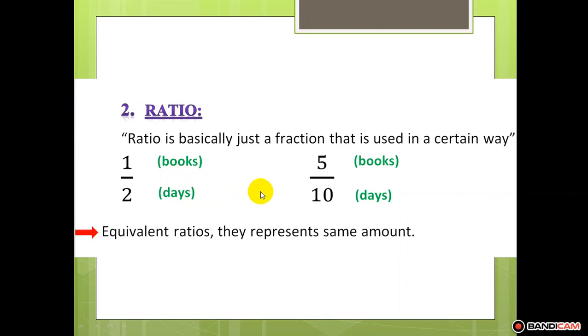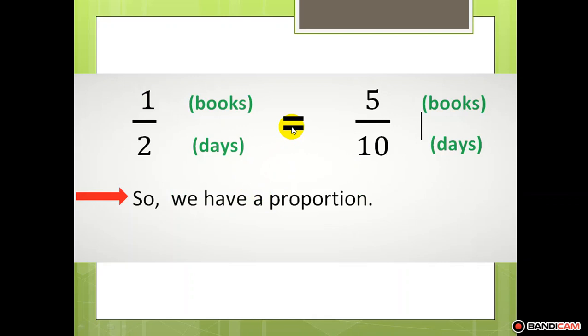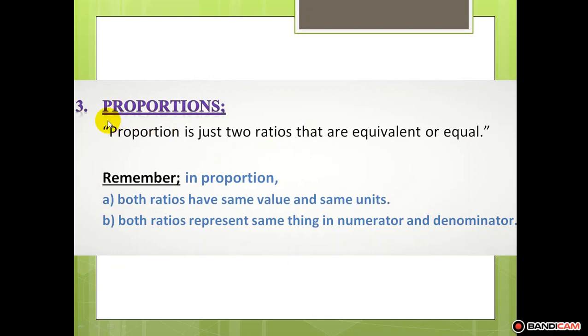Okay, if we put an equal sign between equivalent ratios, then we can say they are in proportion. That 1 by 2 and this ratio 5 by 10, these two ratios are in proportion with rate half. Proportion is just two ratios that are equivalent or equal.